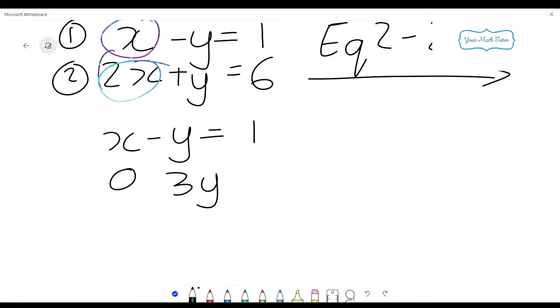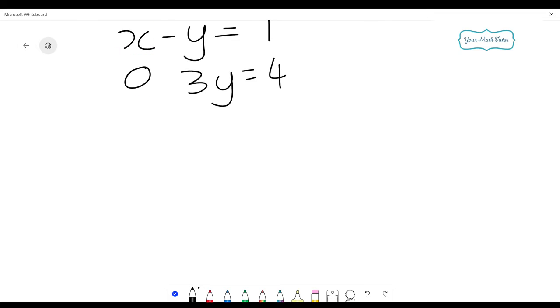And then we say 6 minus 2 times 1, that would give us 4. So the final system that we are left with is x minus y is equal to 1, and then 3y is equal to 4.